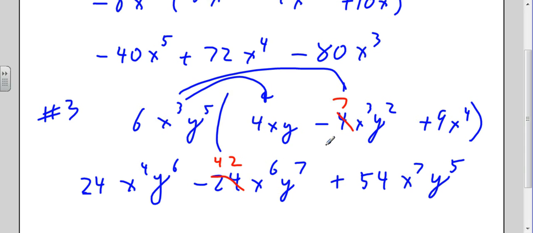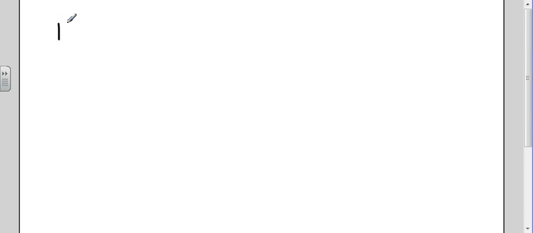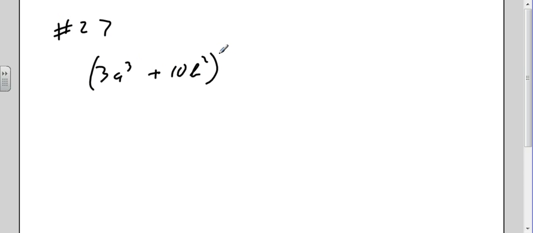All right, well, let's see. We'll drop down to 27. 3a cubed plus 10b squared, cubed.